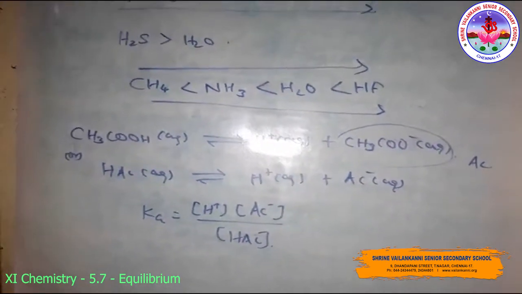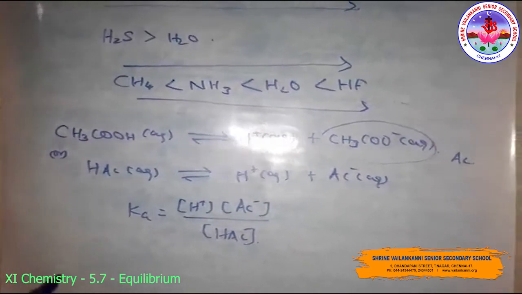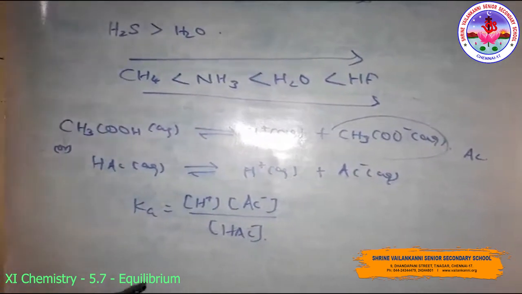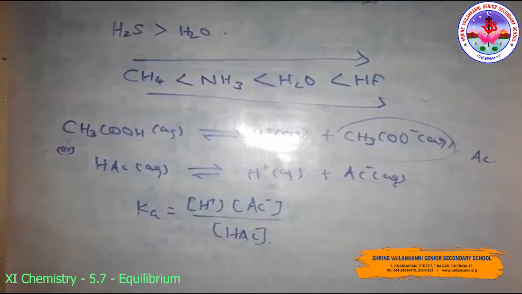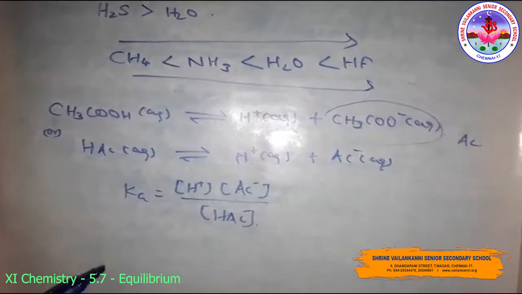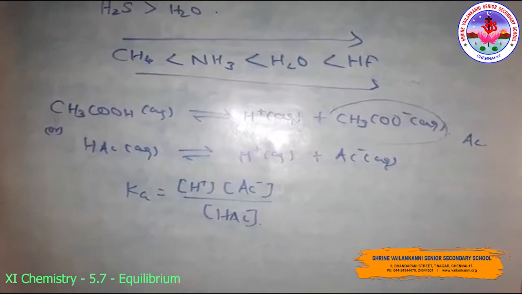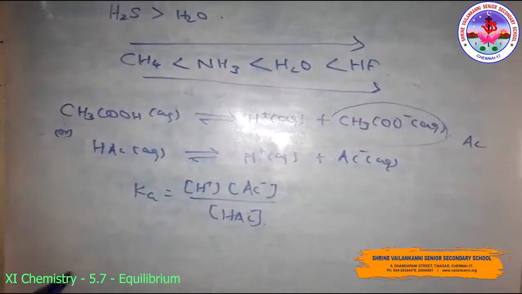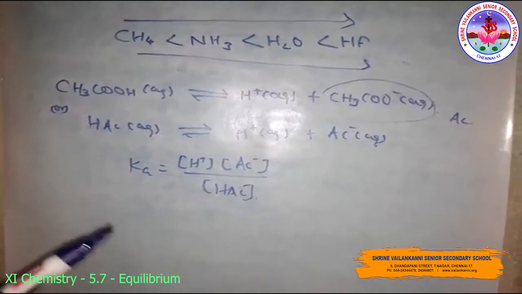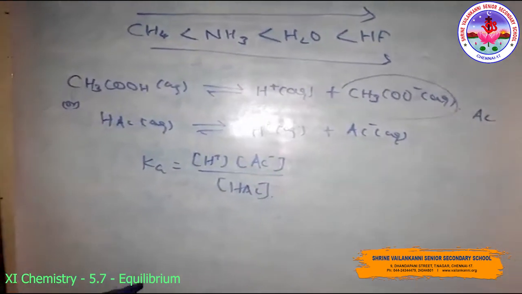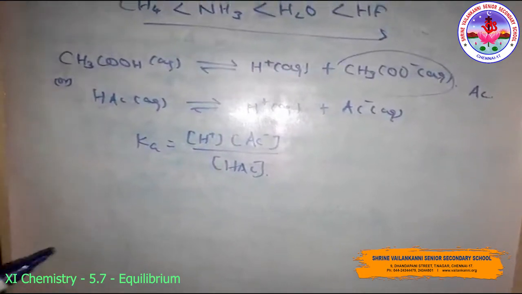It's a very important thing. The common ion effect means the shift in the equilibrium on adding a substance that provides more of an ionic species already present in the dissociation equilibrium. We can say that the common ion effect is a phenomenon based on Le Chatelier's principle.